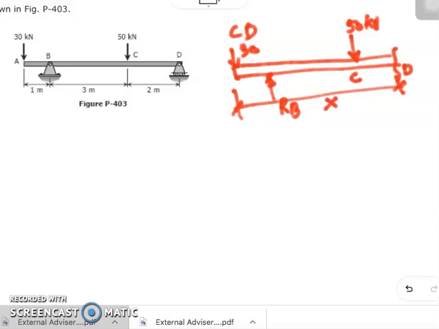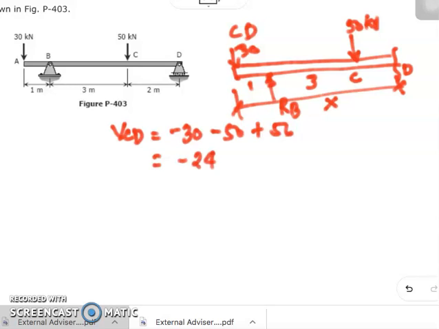So this is 1, this is 3. So therefore, for our shear force CD, that will be equivalent to the summation of the vertical forces. So we have negative 30, negative 50, then plus 56. So if we simplify this one, this gives us negative 24 kilonewton.